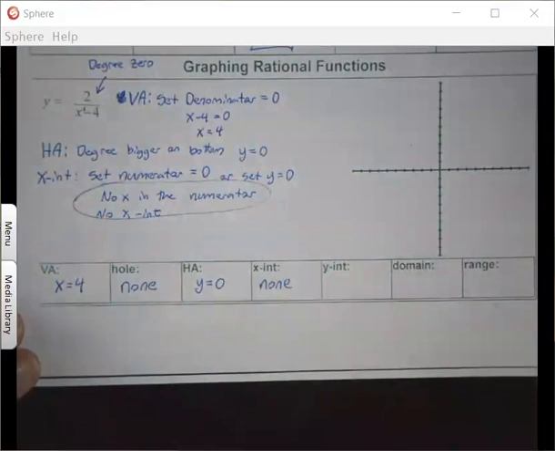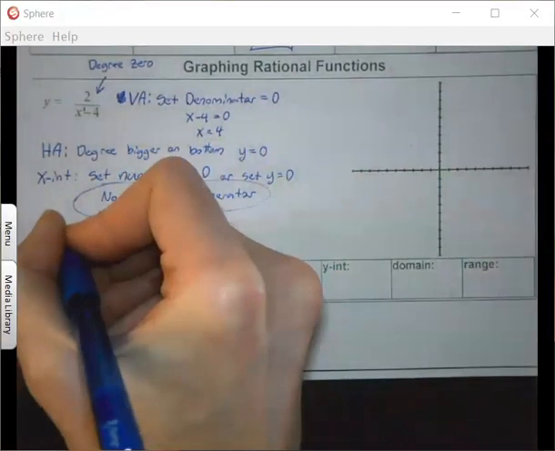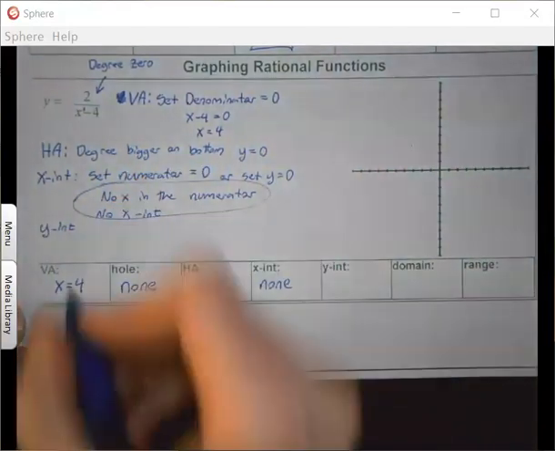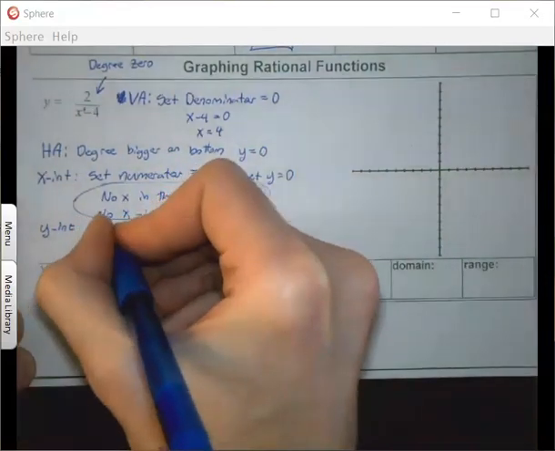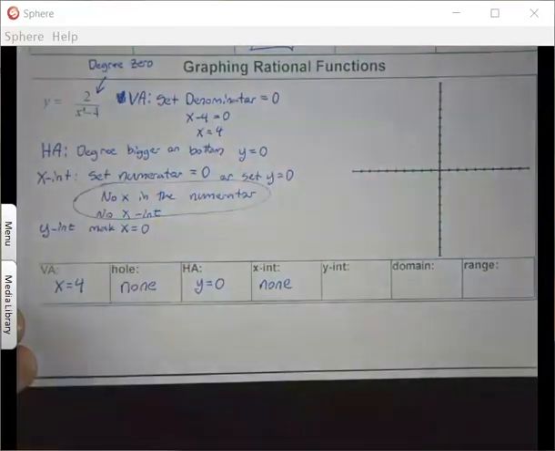Y-intercept works just like y-intercepts in the past. So if we're looking for our y-intercept, we're going to set x to 0 and then plug it into our equation.